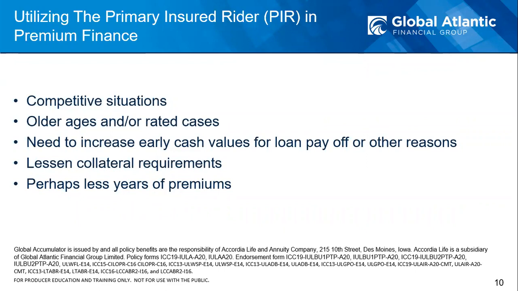The Foundation Elite is extremely competitive. A lot of the times you can get the job done with perhaps just using a 7-pay scenario versus maybe if you're using a cash accumulation product, you might have to use 8, 9, or 10-pay. And what that means is less out of pocket, less collateral, that sort of thing.